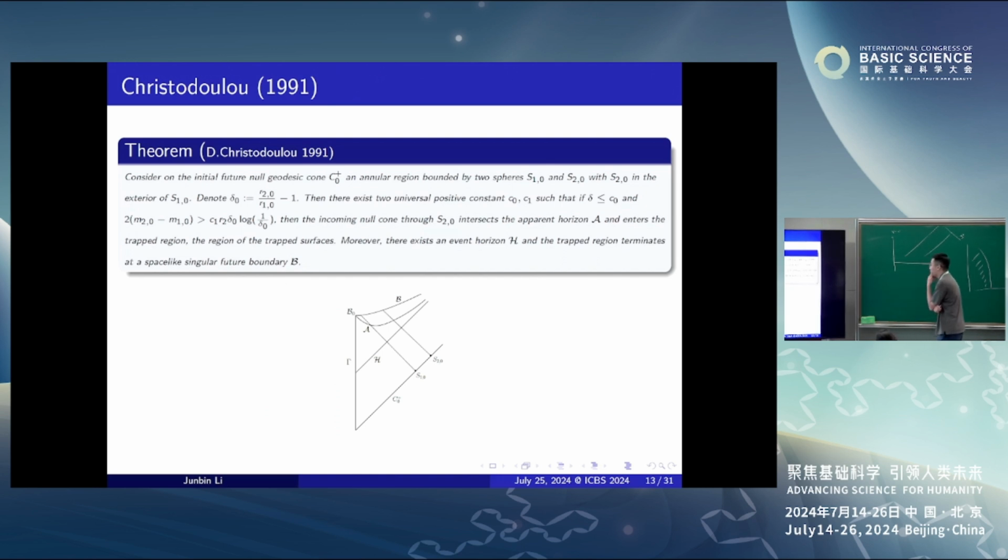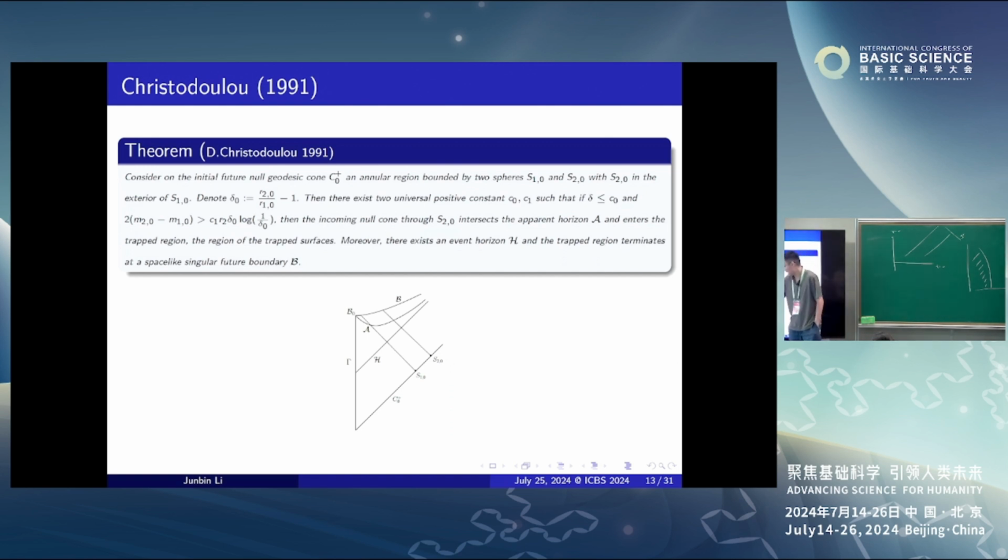This is a result of Christodoulou on the formation of black holes, and let me just describe this result. He studied the initial value problem where the initial data is given on a light cone. In spherical symmetry, each point is a two sphere except this line.